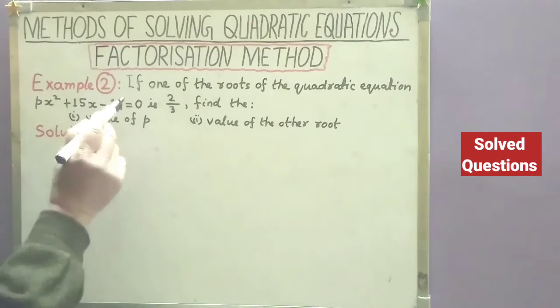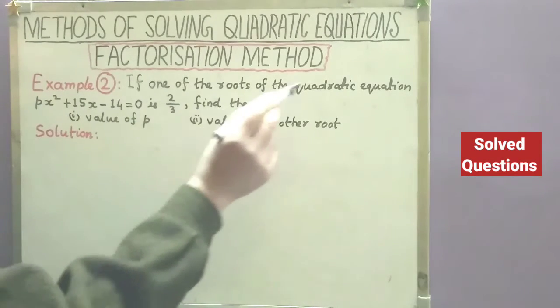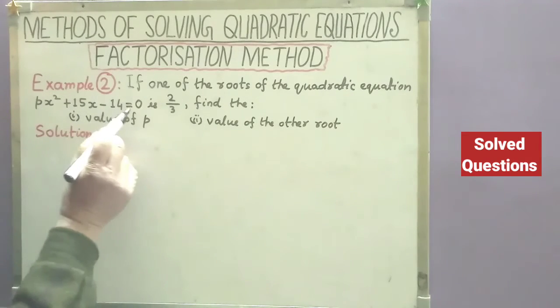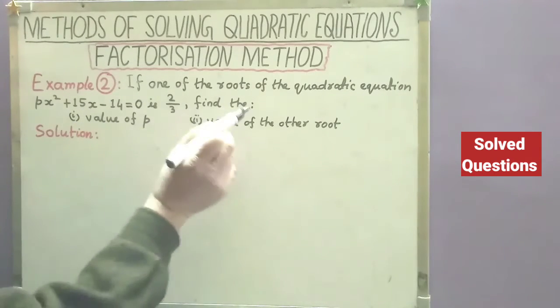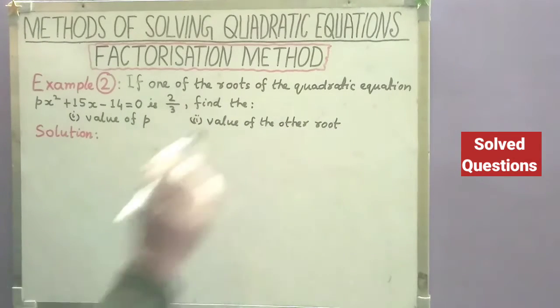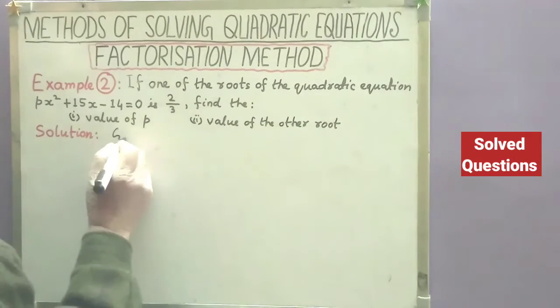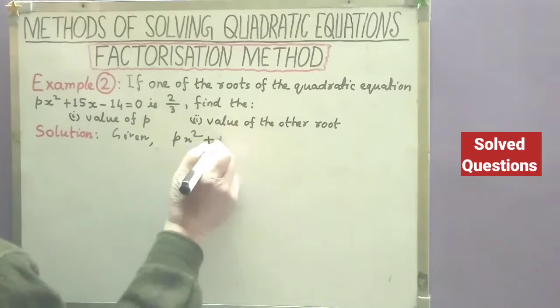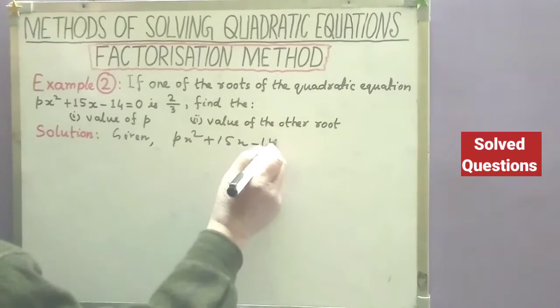Example 2. If one of the roots of the equation px² + 15x − 14 = 0 is 2/3, find the value of p and the value of the other root. Let us solve this question. Given px² + 15x − 14 = 0.